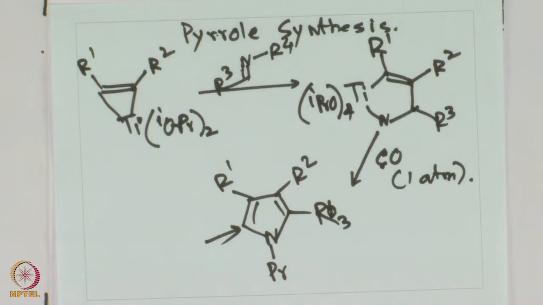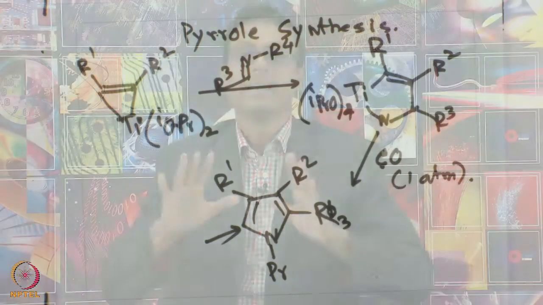So, what we have now seen, from an alkyne and an imine along with carbon monoxide, is that we can put them together to give the pyrrole. The 4th carbon in the pyrrole is coming from the carbon monoxide. Quite an interesting rearrangement reaction that is involved.